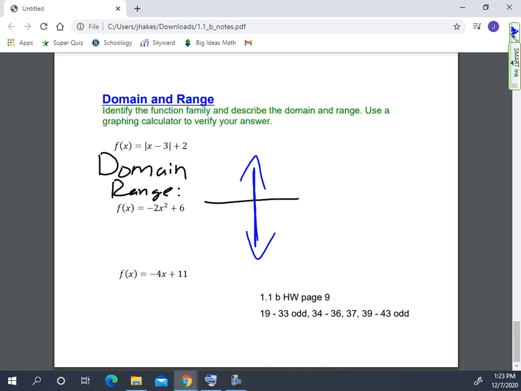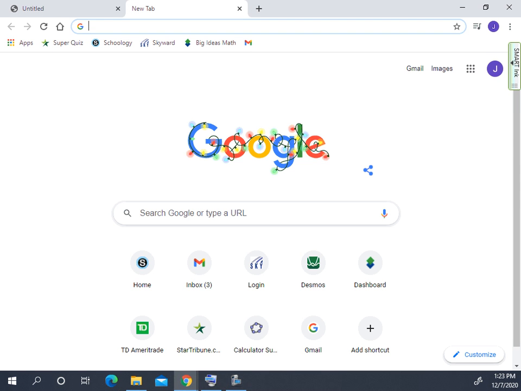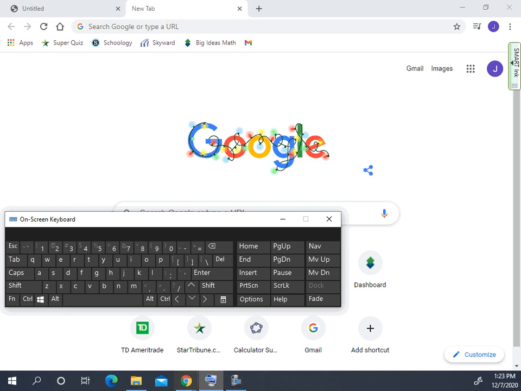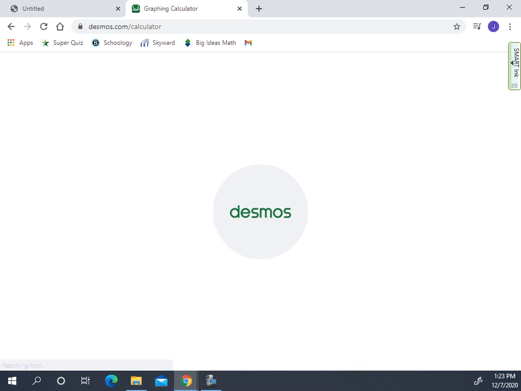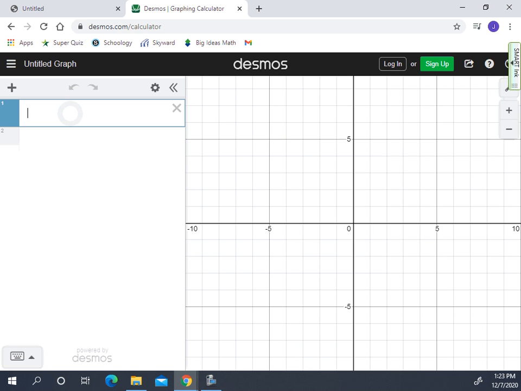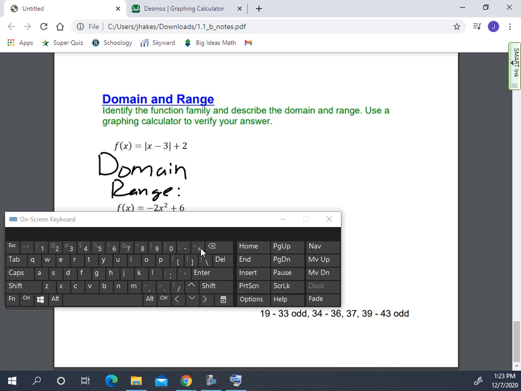So let's go to Desmos. Let's type in this absolute value. f of x is equal to, what was it? The absolute value of x minus 3, plus 2.